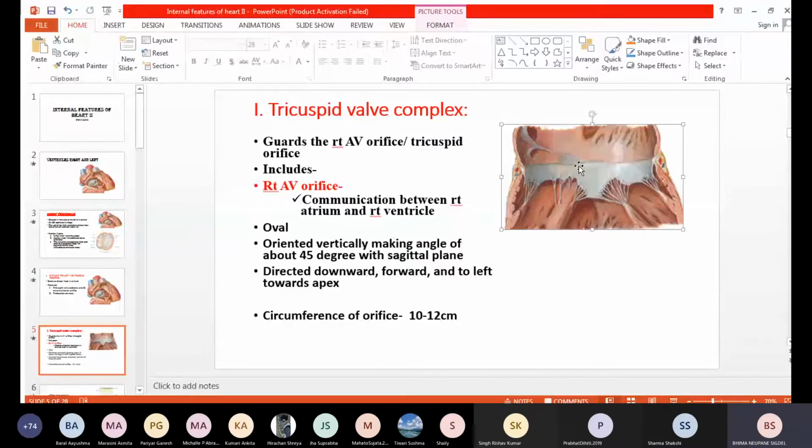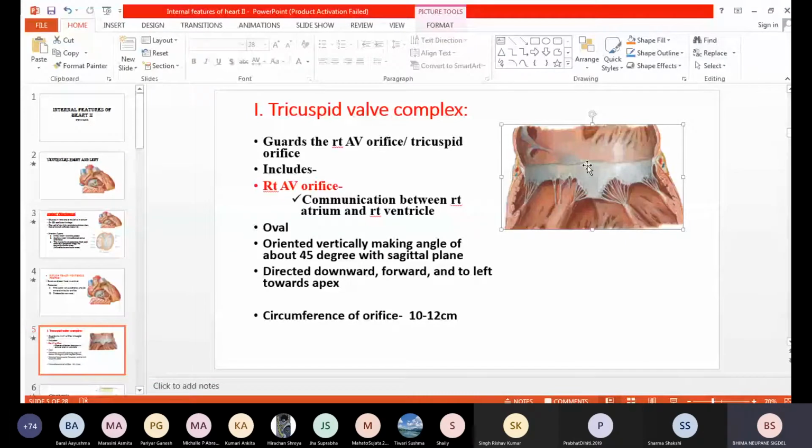It is directed downward, forward, and medially towards the apex of the heart, on the left side. That is the direction of the right atrioventricular orifice.